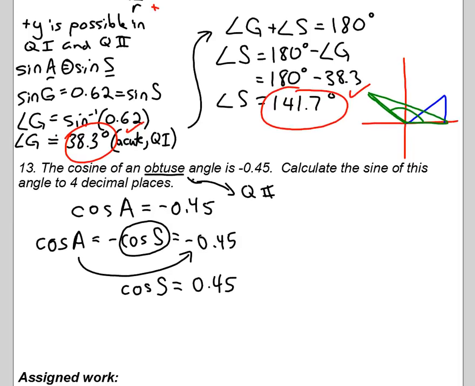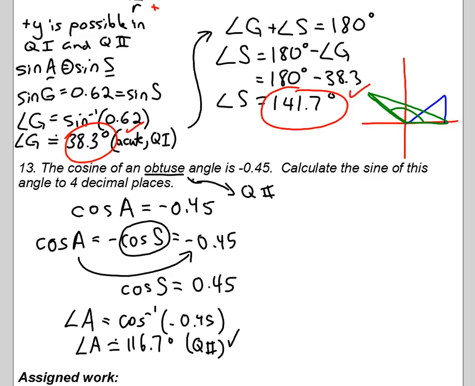Now, we saw before, though, if we took the inverse cosine of a negative number, we did actually get an obtuse angle. So let's use experience here and say that inverse cosine of negative 0.45 is 116.7 degrees. And in this case, that is quadrant 2, an obtuse angle. So that's confirmed. Calculate the sine of this angle. Well, sine of the angle, that's really easy.